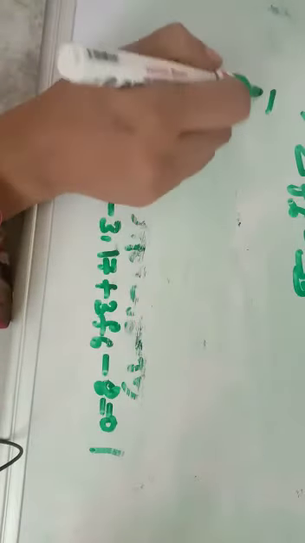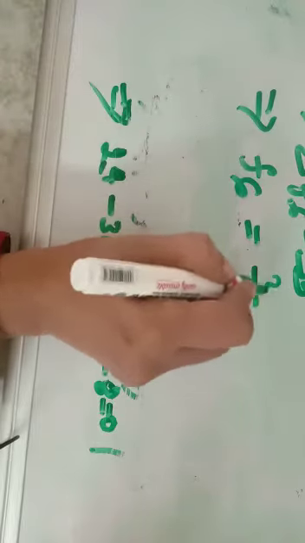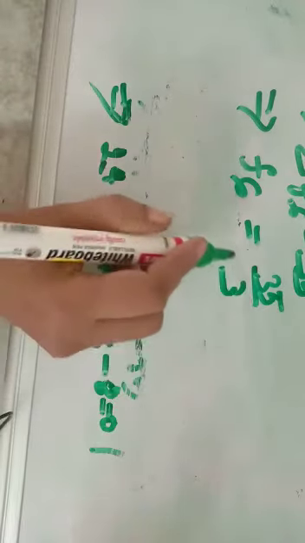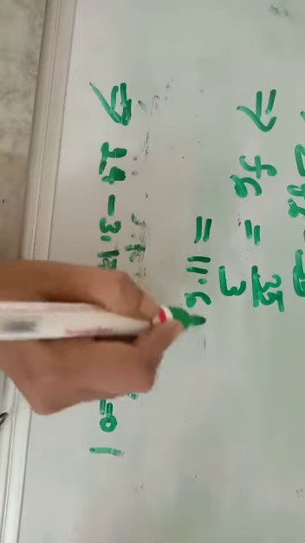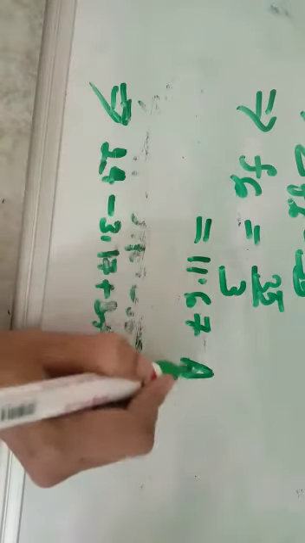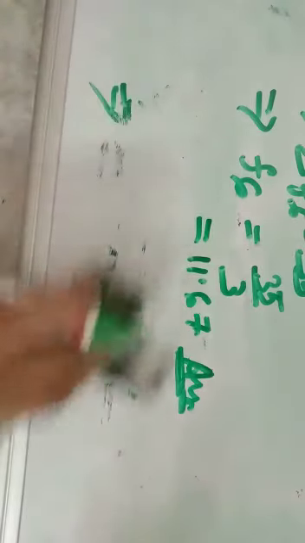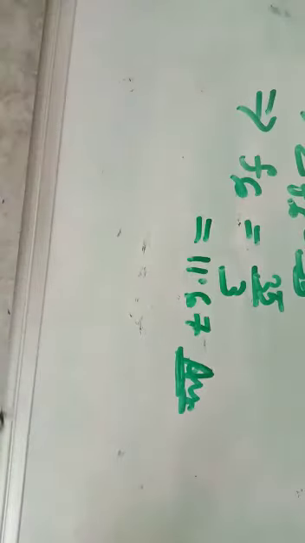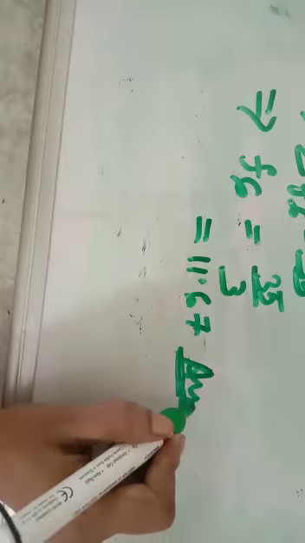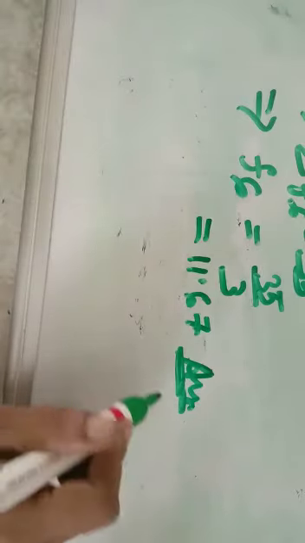That implies f(6) is equal to 35 by 3 is equal to 11.67. This is the answer. And in this way, we estimate the missing values with the help of finite differences. Thank you.